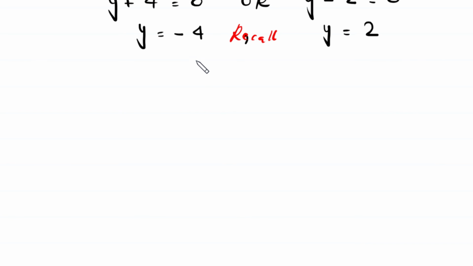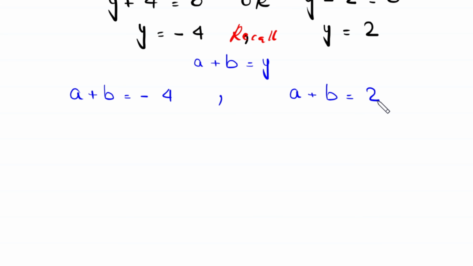We have supposed that a plus b equal to y. So we get two values of a plus b. A plus b will be equal to negative 4 and a plus b will be equal to 2.